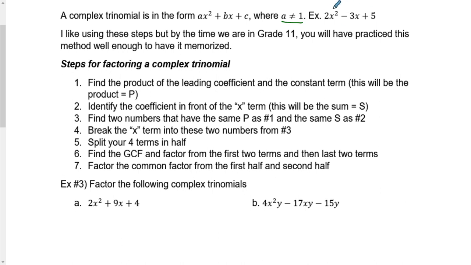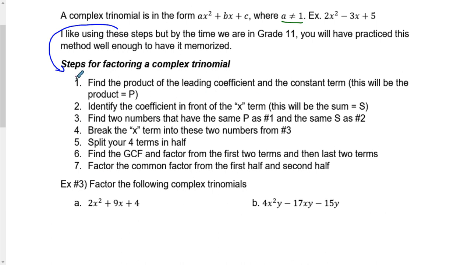So we just have to follow some steps. I do like using these steps. But by the time that we're in grade 11, we will have practiced this method well enough to have it memorized, have it written down, so we can do it.